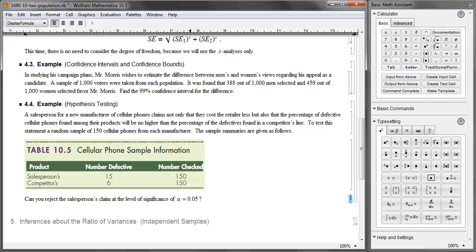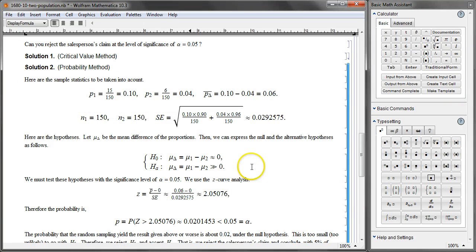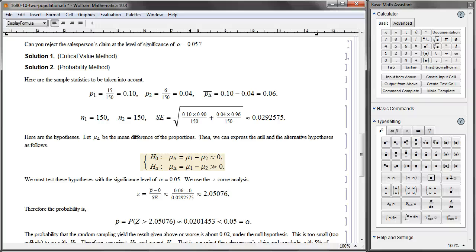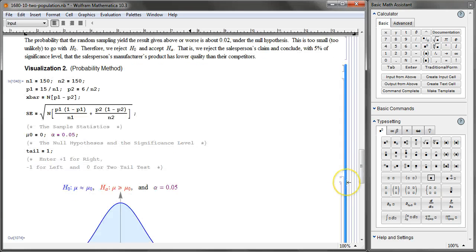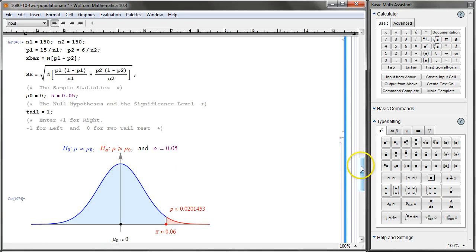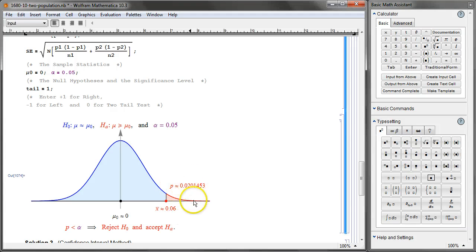We have a little bit of time left, so let's do the same thing using the probability value approach as well. And here is the setup. The difference between the population means will be about the same, and difference will be bigger for alternative hypothesis. And in this case, you just draw a normal picture with observed difference of 0.06, and then find out the probability to the right hand side, the wing here, greater than 0.06, that one.